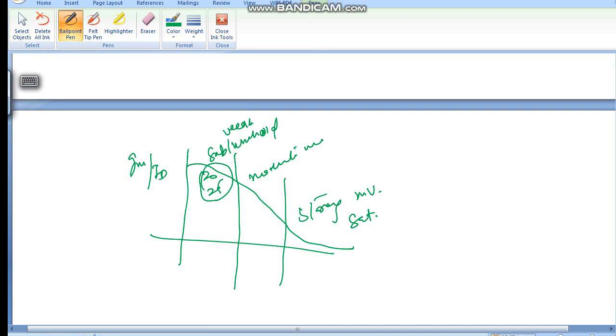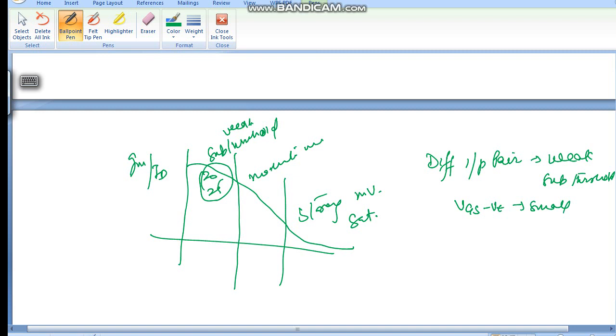So it means if we are putting our differential input pair in the weak inversion or subthreshold region, then VGS minus VT is small and GM by ID is high or maximum in this region, and we get minimum offset.